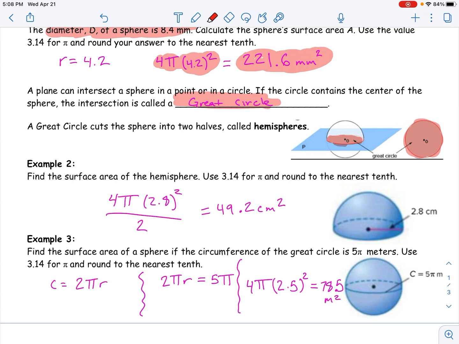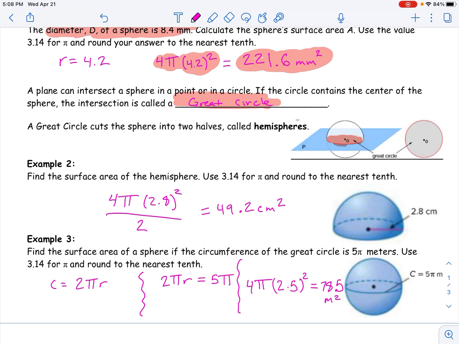A great circle is a two-dimensional object, just like looking at the top of that sphere if it was cut in half. And you could have your radius, your diameter, chords from that, and everything like that. But a great circle is basically a two-dimensional shape.